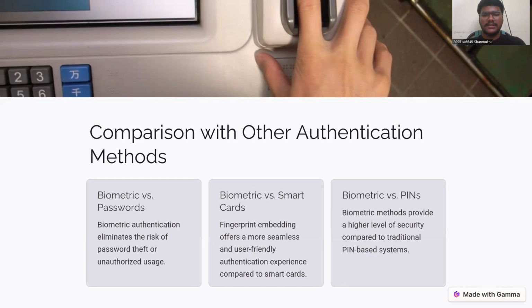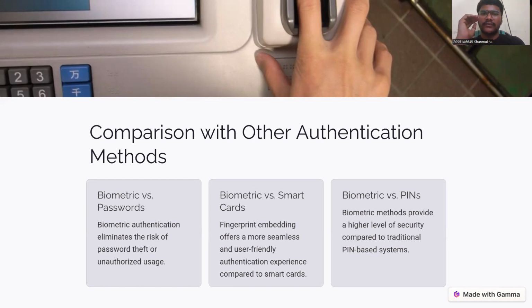Biometric versus PINs. Biometric methods provide a higher level of security compared to traditional PIN-based systems. Consider ATMs. Nowadays we are using ATMs; every citizen of the country uses ATMs. Every citizen has an ATM card and his own personal PIN, and he might have some bank balance.